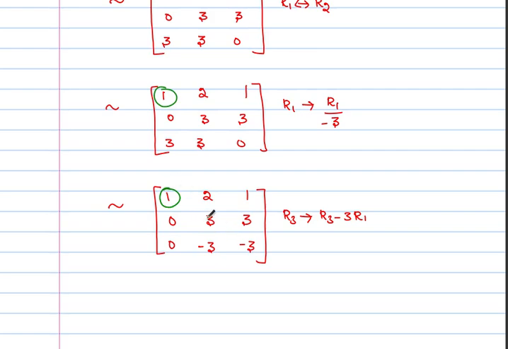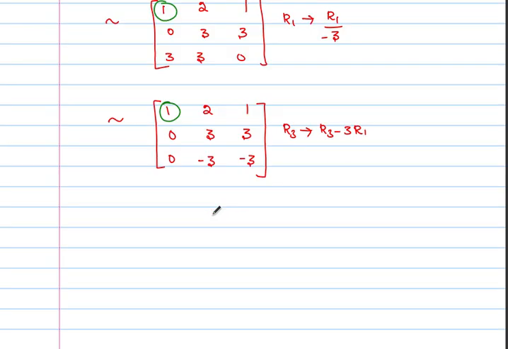The second pivot position is this point. It is non-zero, fine, but it is not a 1, so I will divide by 3. Then it becomes 1, 2, 1, 0, 1, 1, 0, minus 3, minus 3.